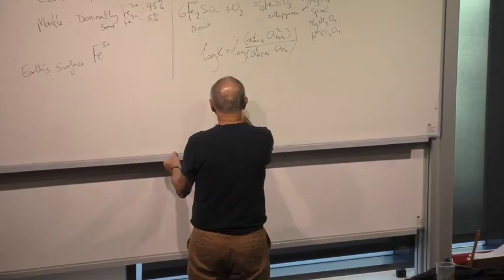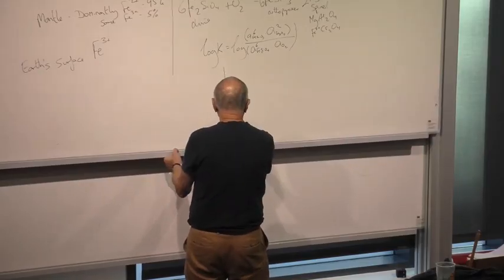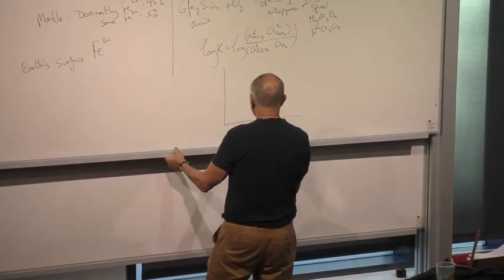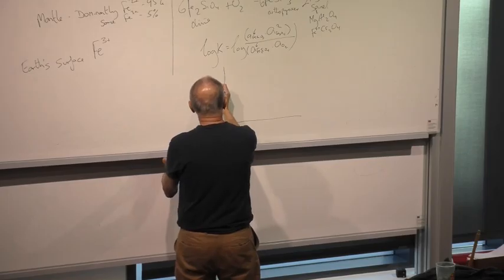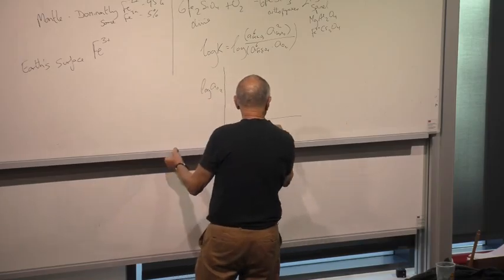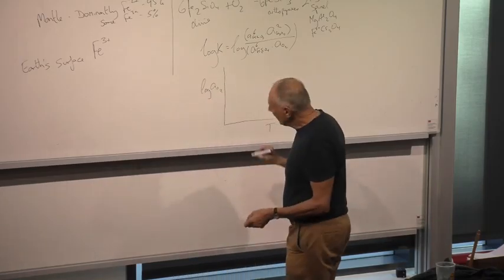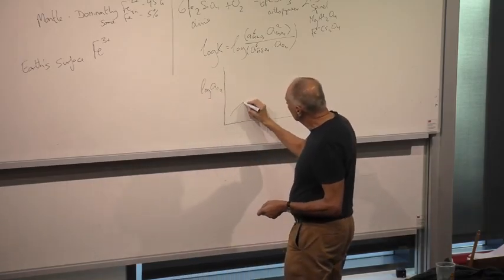And what we find, if we plot log activity of oxygen against temperature, we get curves that look like this.